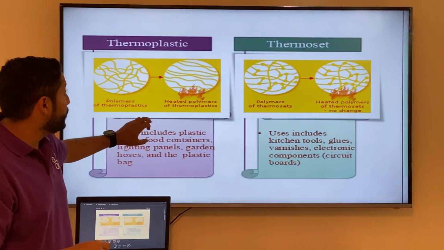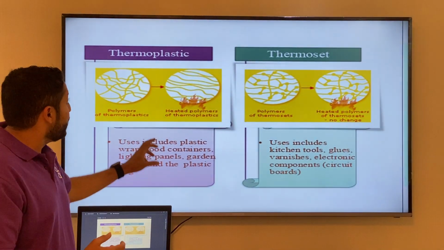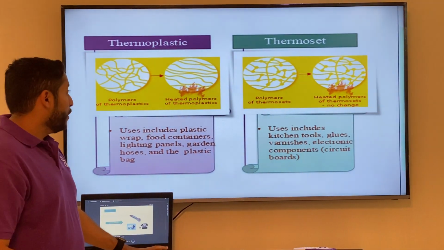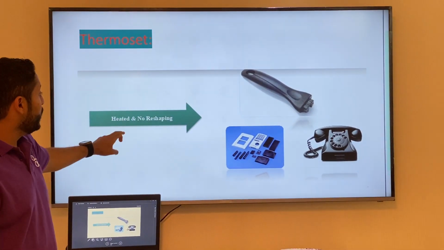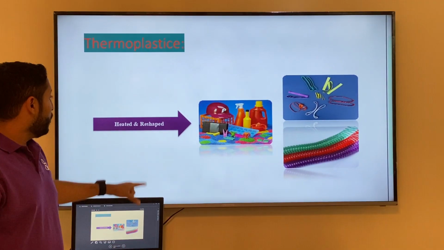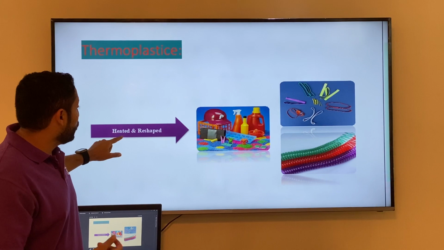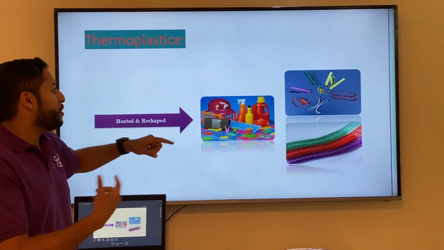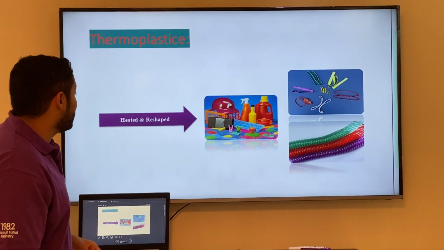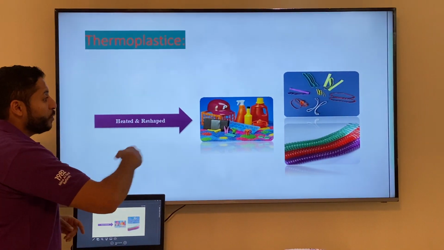But if I apply heat to thermoplastics, they will be reshaped. For example, the thermoset is heated and not reshaped, while the thermoplastic is heated and reshaped.